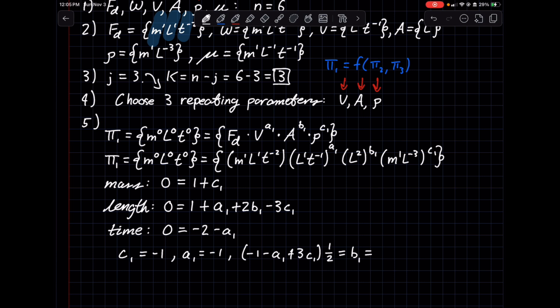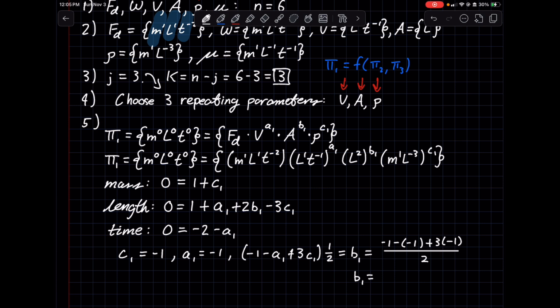So this would be negative 1 plus our 1 right here. That'd be a plus 1. Negative 1 minus minus 1 plus 3 times a negative 1, over 2.